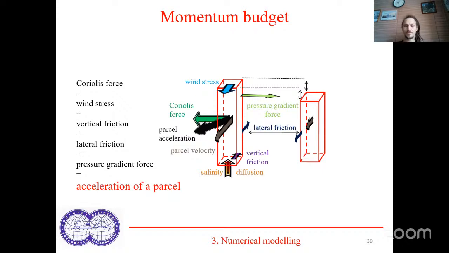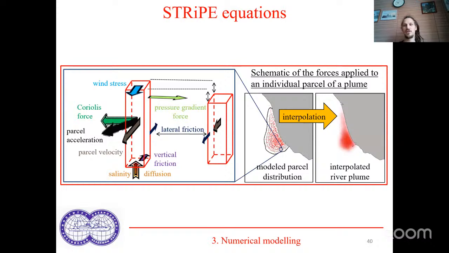So this is a very easy and very simple way to represent and to model a river plume, because the river plume is reproduced as a set of moving parcels, and we don't model the ambient sea. We model just the motion of these parcels, and it provides very good results at low computational cost.